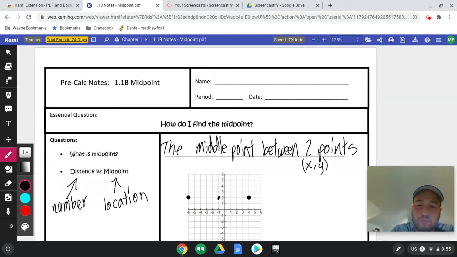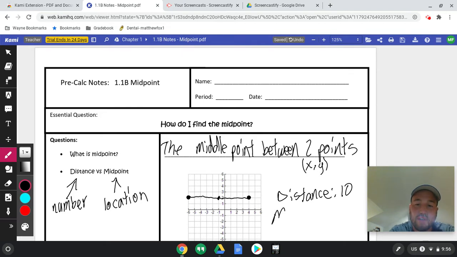What we mean by that: the distance of this line from the first point over to the second point, you could count them, or just figure it out, 4 minus -6. Either way, your distance is going to be 10. Now 10 divided by 2 is 5. However, your midpoint is not 5.